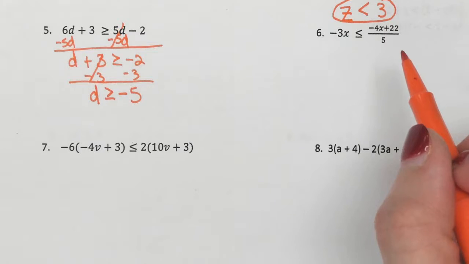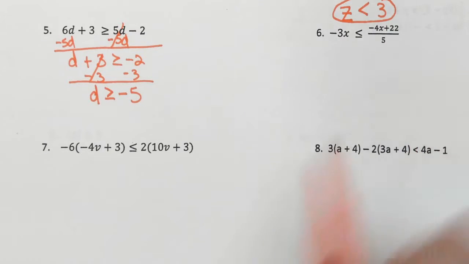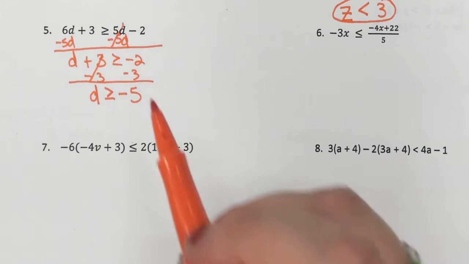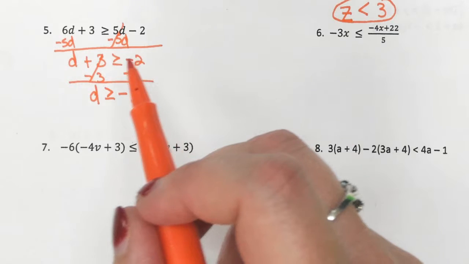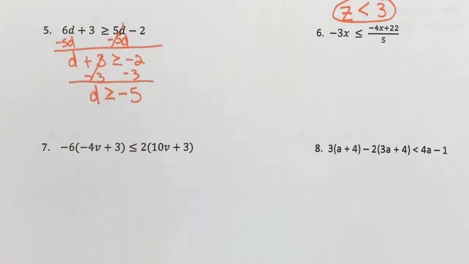What's wrong? On what number? 5? Well, because I want my letters to be positive.